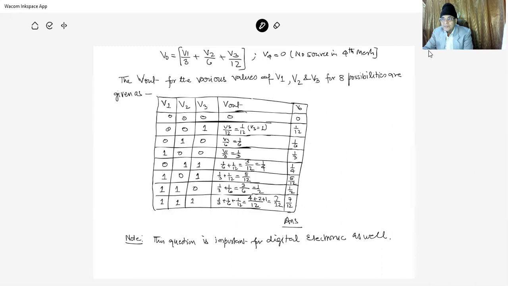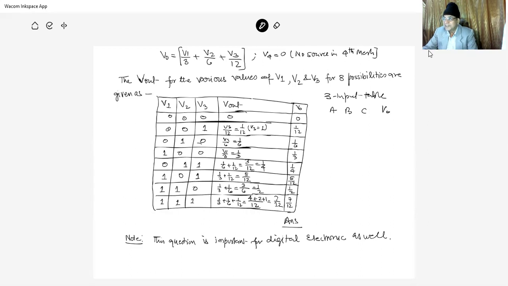The V output for the various values of V1, V2, V3, 8 possibilities are given. So basically what is this? This is the three input table, sometimes A, B, C, and here it is VO output.